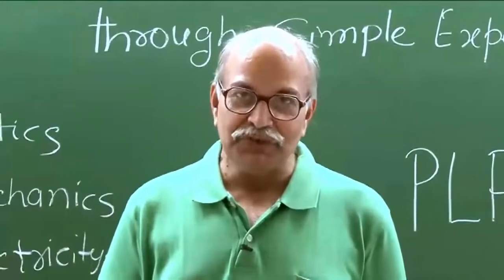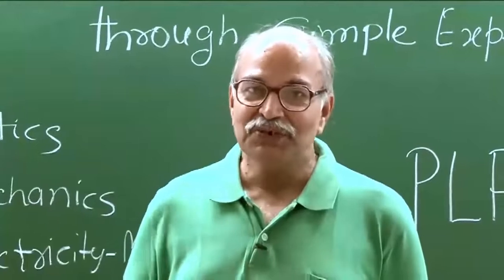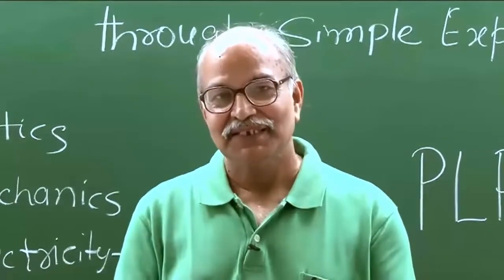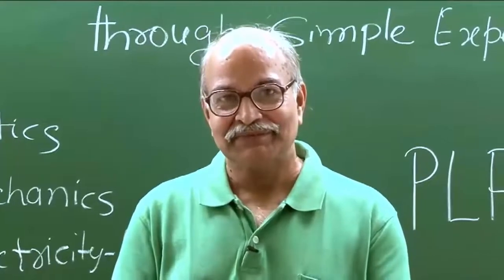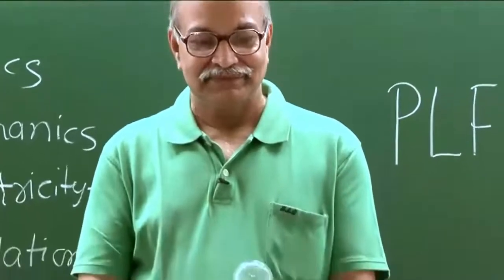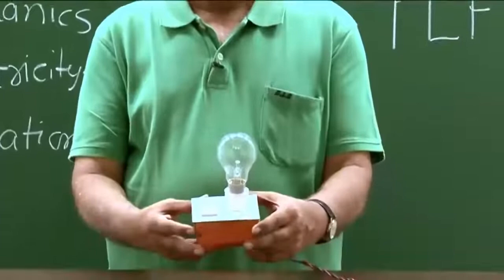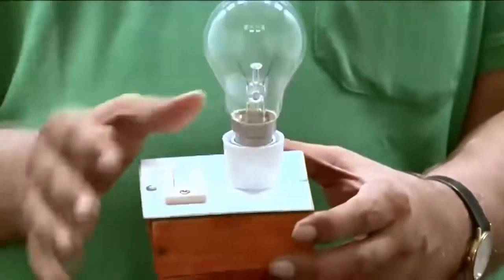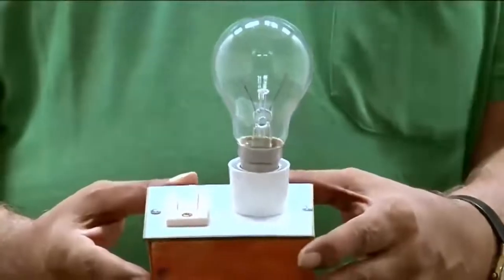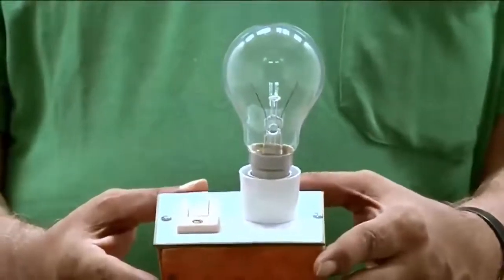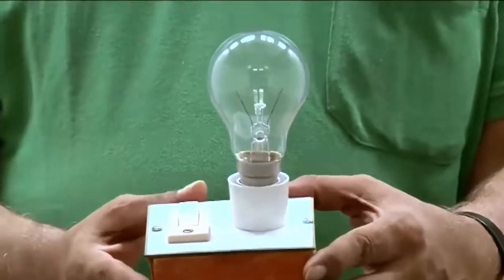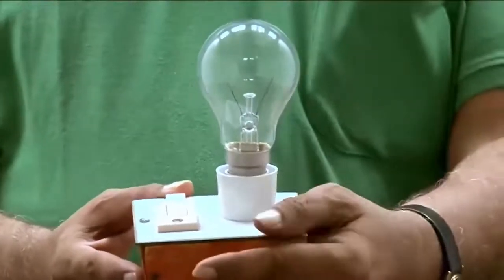Now to give you a clue, I will show you the bulb, and you see what happens when the bulb is rotating. Look at the bulb, it is a structure inside this glass. Now this is the initial condition, and now I will be rotating it through 90 degrees. So I am starting the rotation.